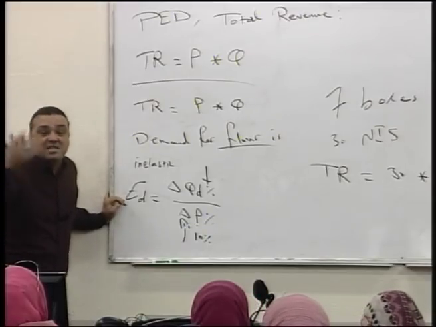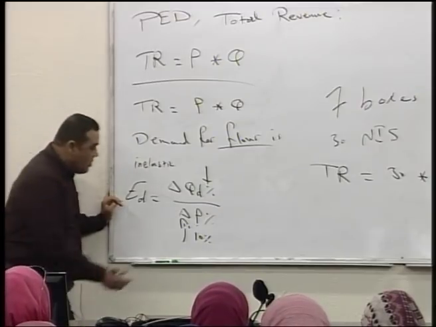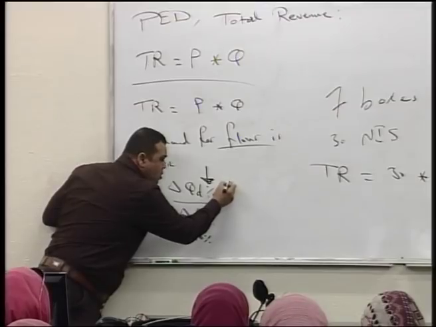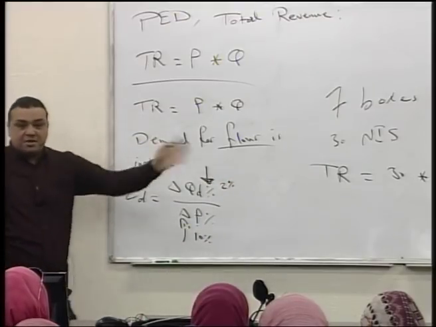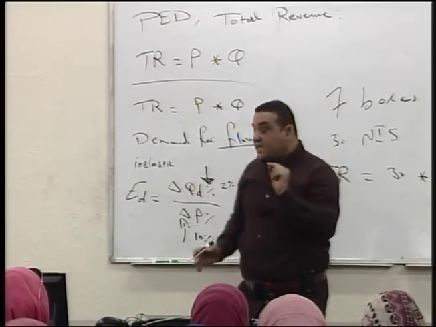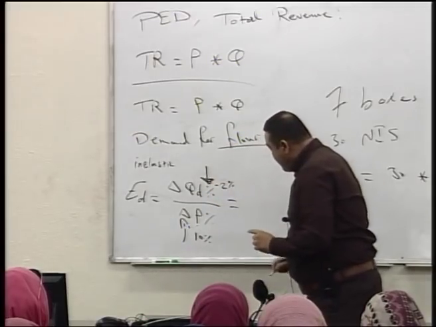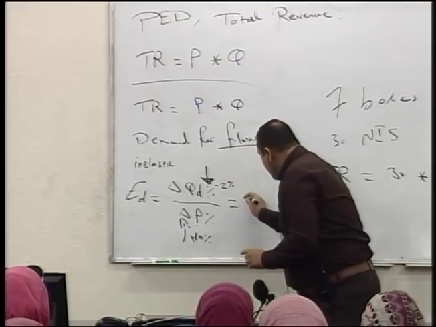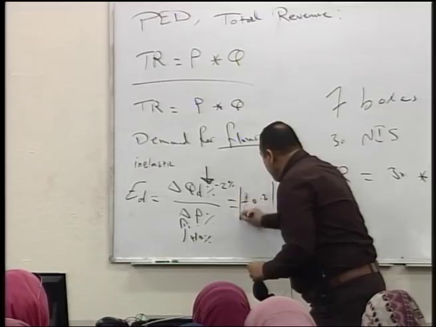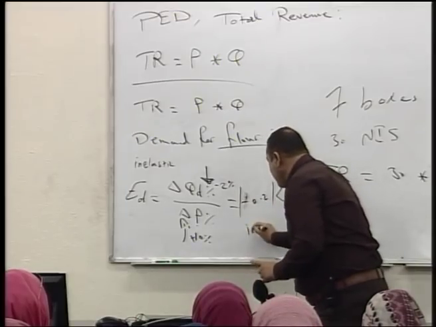Giving it up is difficult here. So the quantity demanded will go down by maybe just 2%, 3%. Okay? In this case it is declining, negative. It will be minus 0.2. The absolute value is less than 1, so the demand is inelastic.